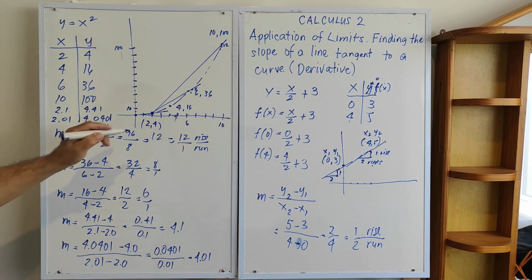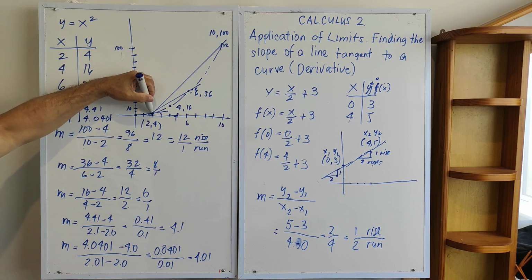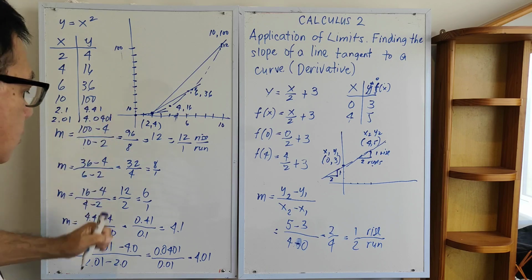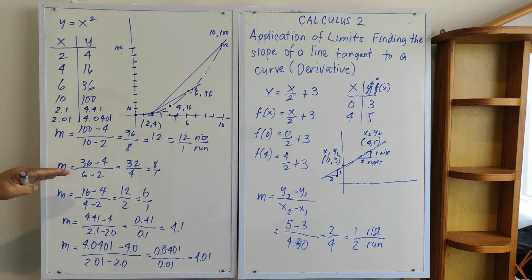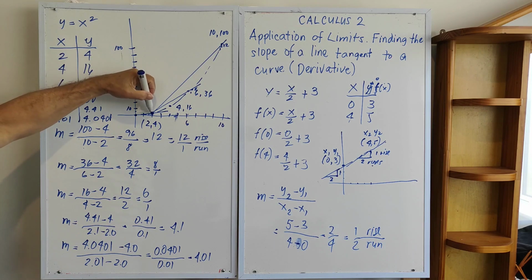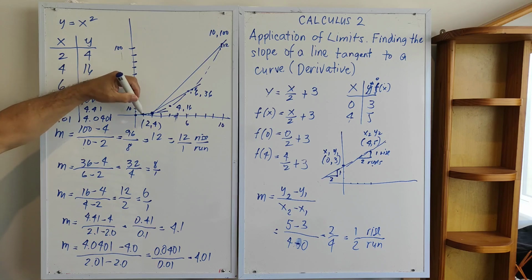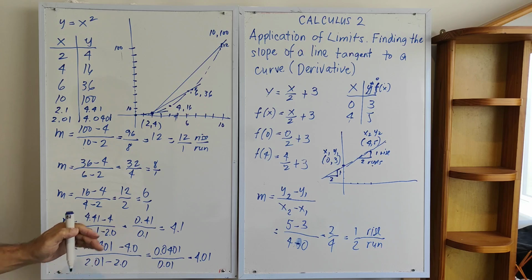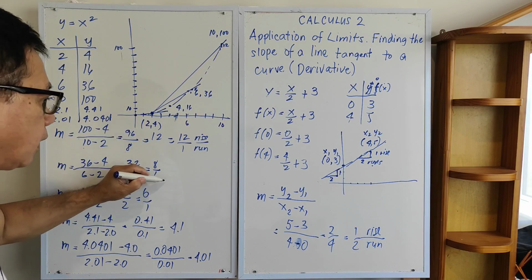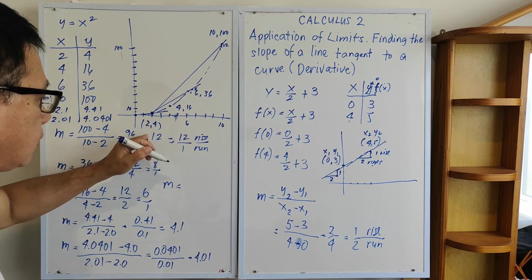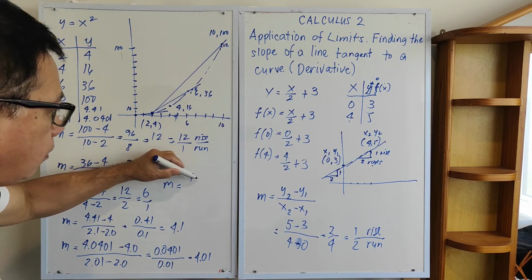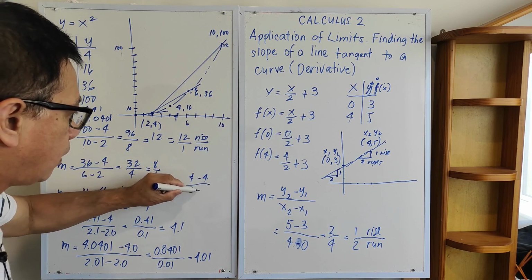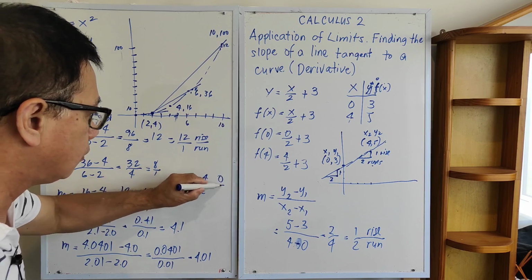And actually, the slope at this point is exactly 4. So we can establish that the slope at 2, 4 is 4. But we cannot use the same point to get the slope. 4 minus 4 over 2 minus 2 will be 0 over 0.